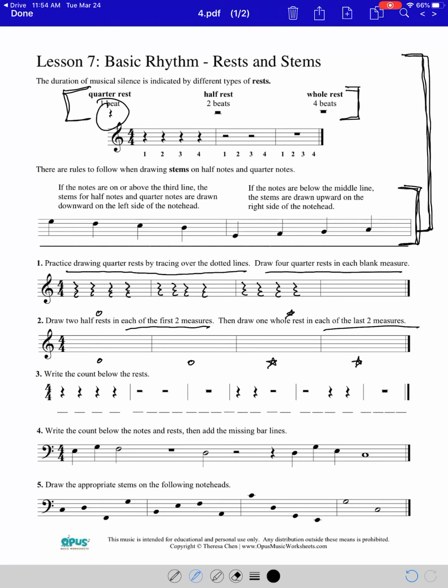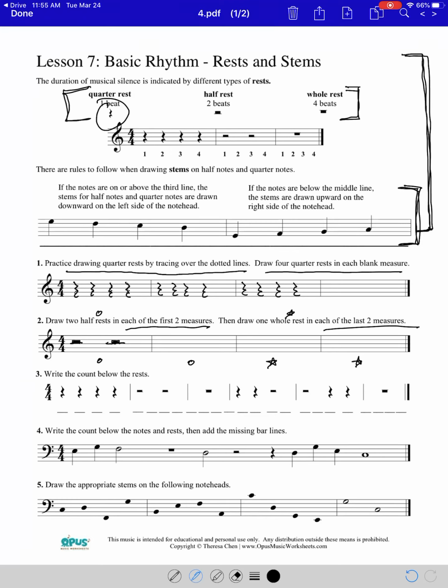So remember, if we look up, a half rest gets 2 beats. This measure needs 4 beats. So I can't just do this. Right? That is not enough. That is only 2 beats. I need 4 beats. So that would be 1, 2, and draw a second one, 3, 4.